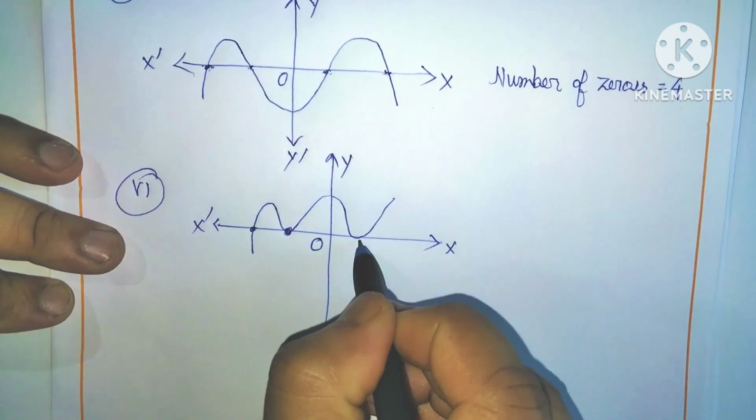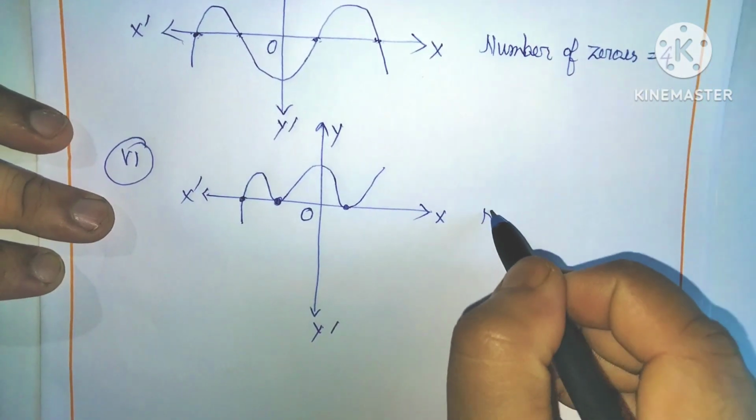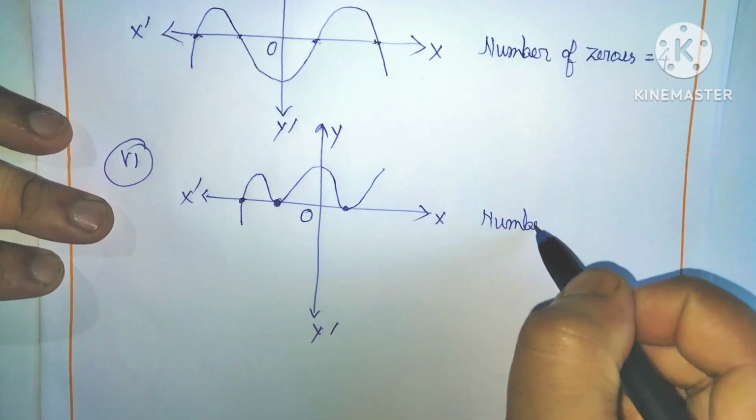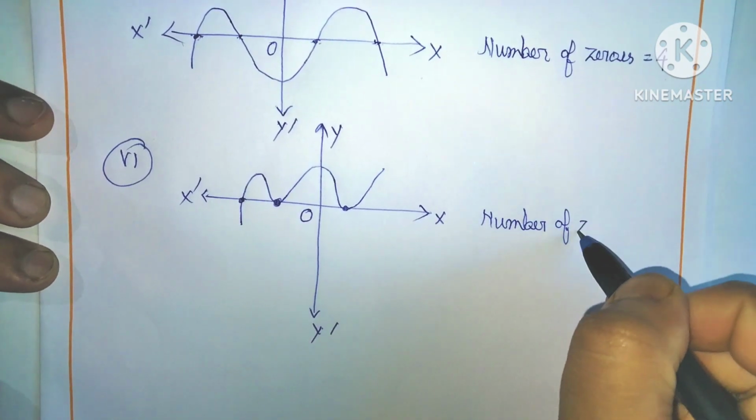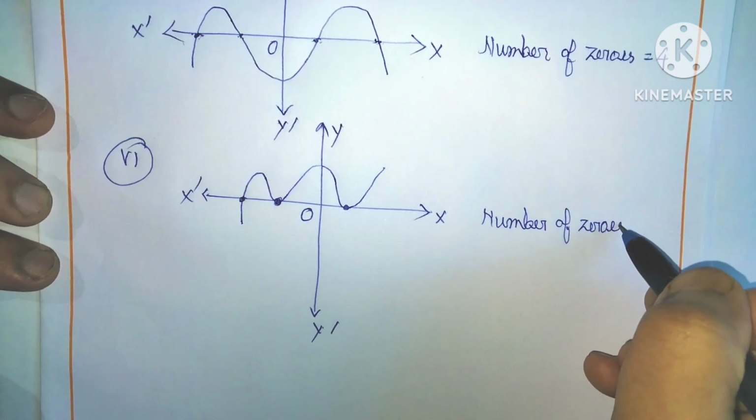This point, this and this. 3 points. So the number of zeros is 3.